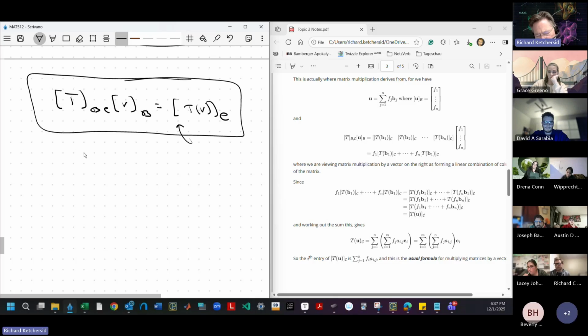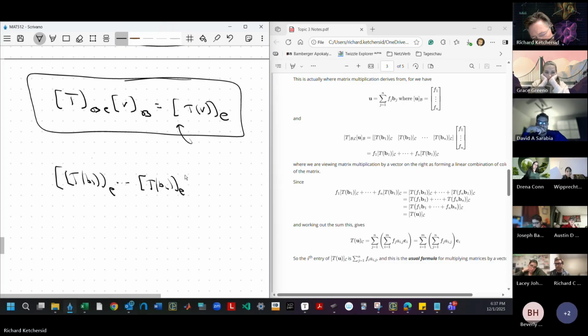Maybe I'll just say something about that. So when we're doing this kind of thing, we're in a situation like this. And then V_B is a vector that's like this, right? It's like a_1 through a_n. This would be V_B, right?